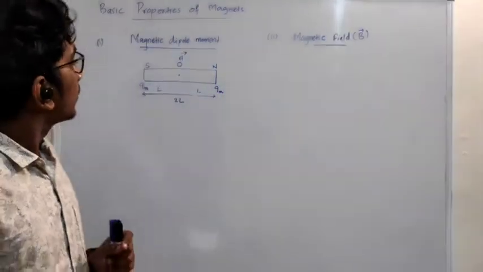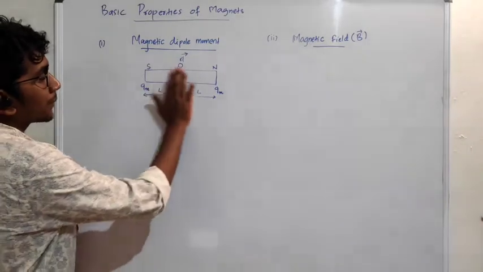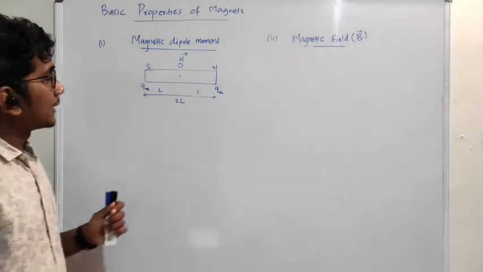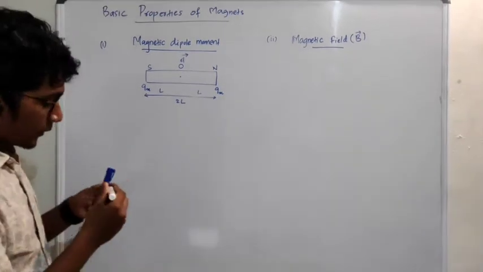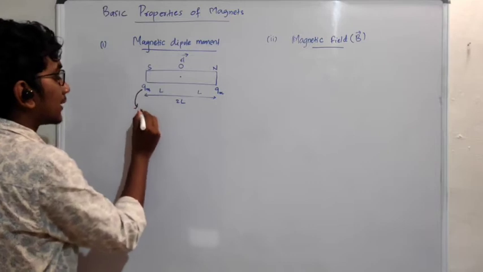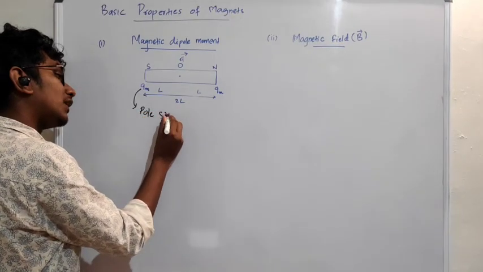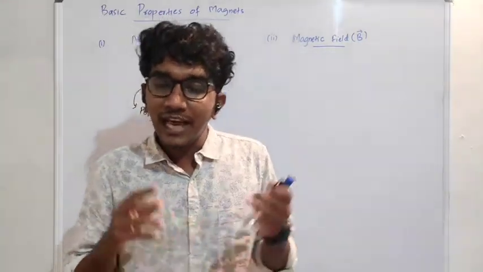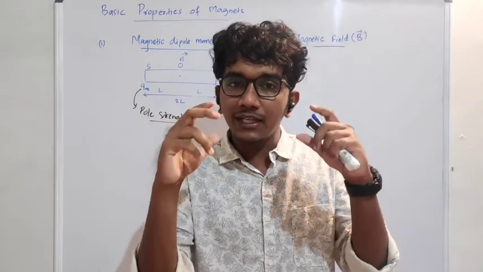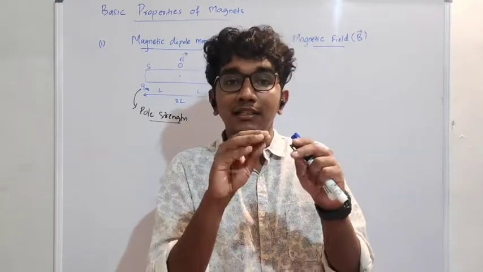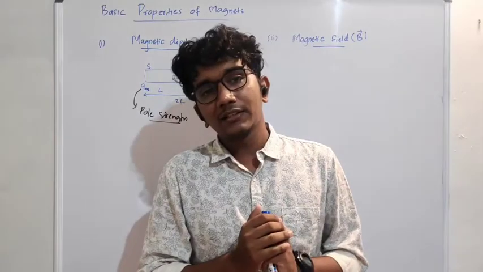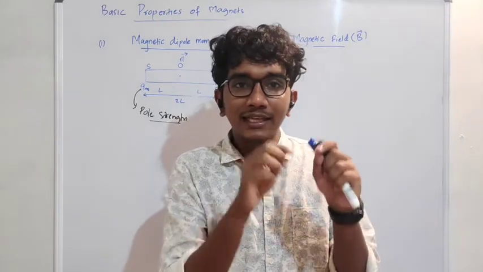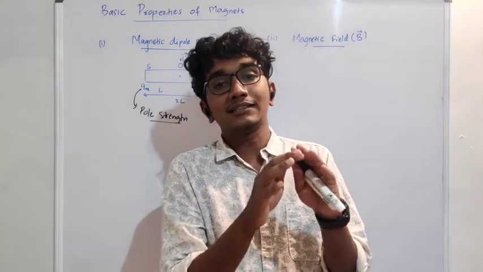Now listen. Here one bar magnet is there. This is the north pole and this is the south pole. And Qm is nothing but its pole strength. What is pole strength? In a charge, you might have noticed that there is a quantity of that charge, the amount of charge.